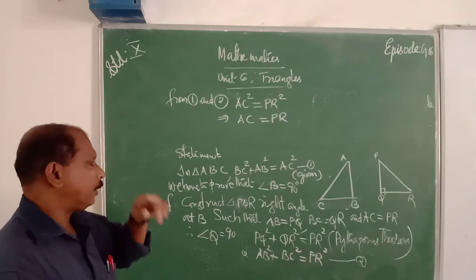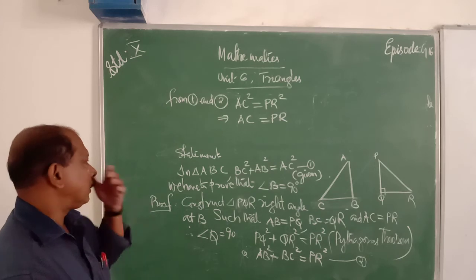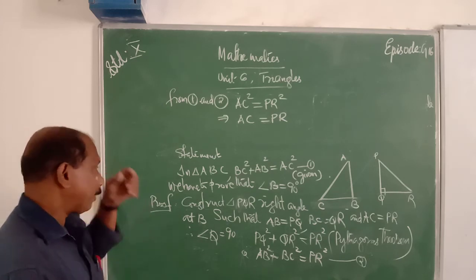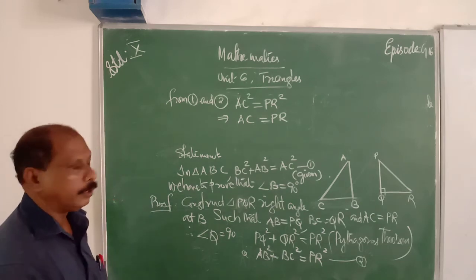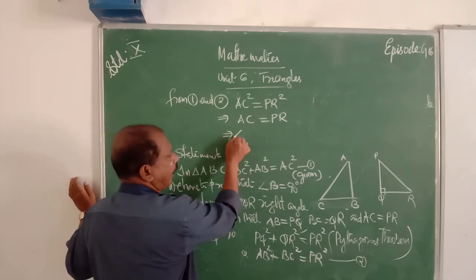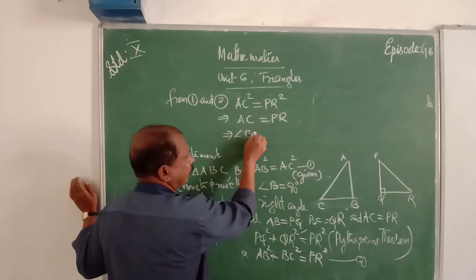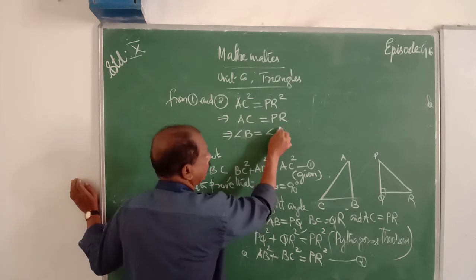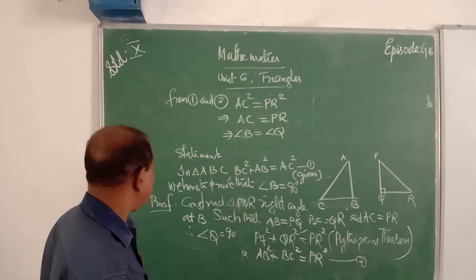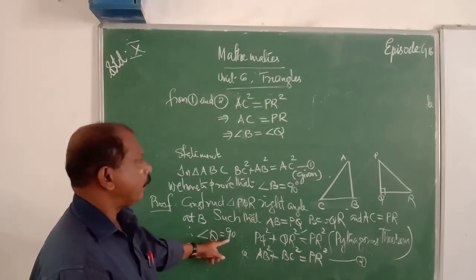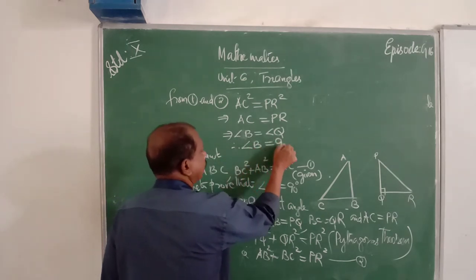Since AC and PR are equal, the angle against AC, which is angle B, is equal to the angle against PR, which is angle Q. Which implies that angle B is equal to angle Q. But angle Q is equal to 90 degrees. Therefore, angle B is equal to 90 degrees.